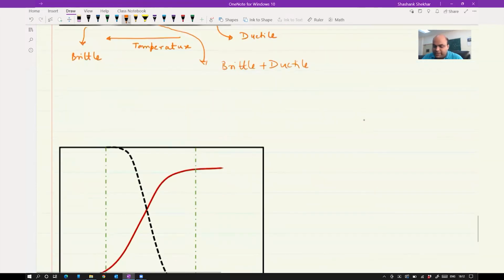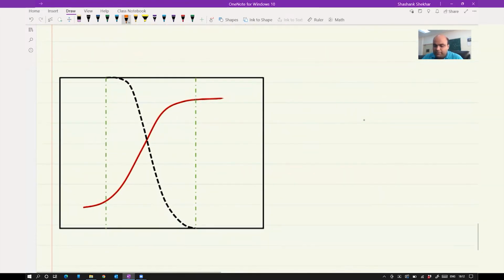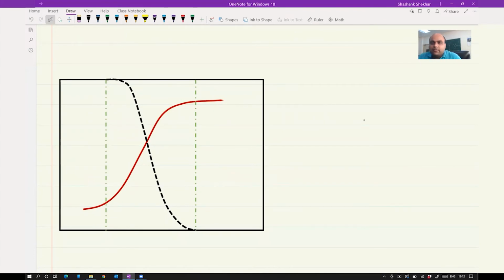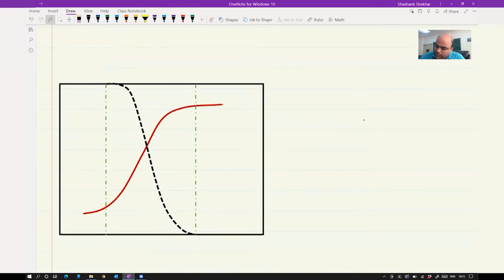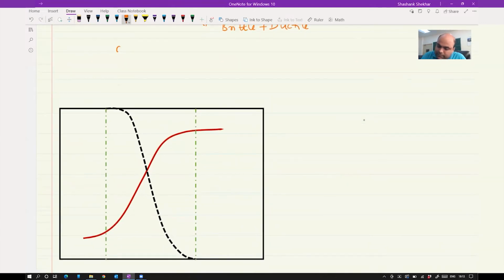There are different criteria to define DBTT, and both are based on either the energy versus temperature curve or the fracture appearance versus temperature curve. So now we will learn about criteria for transition temperature.